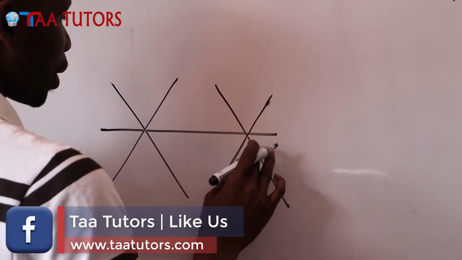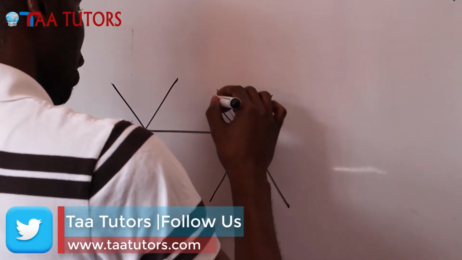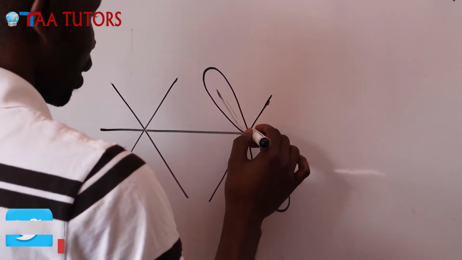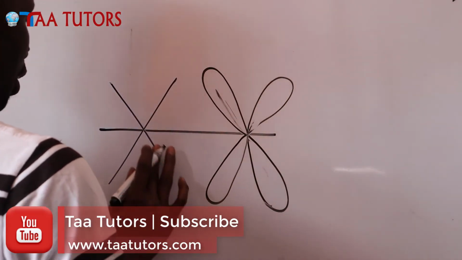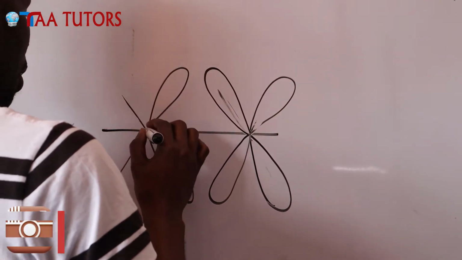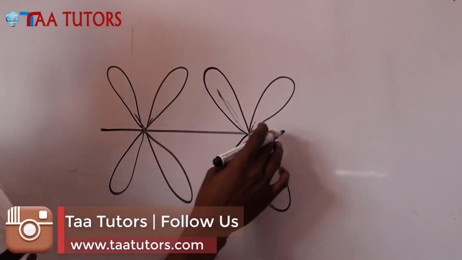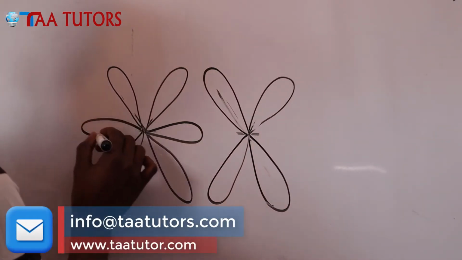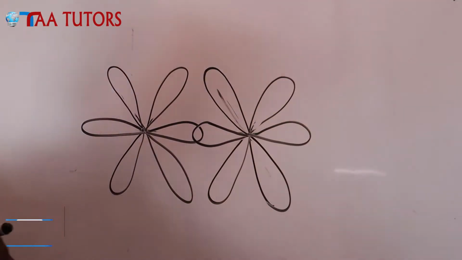I want you to imagine that in one particular side we have this kind of overlapping, another one there, one here, one here, one there, one there. Then of course we are going to have one here, and then one there.